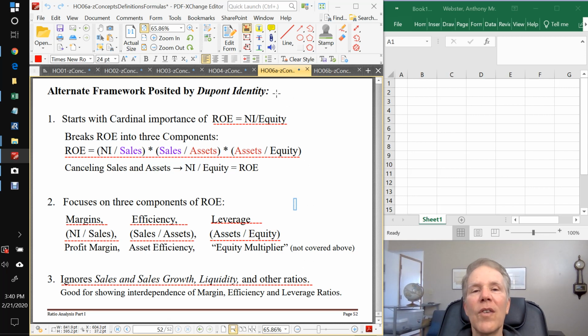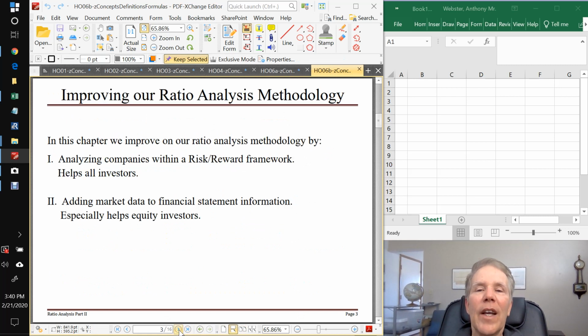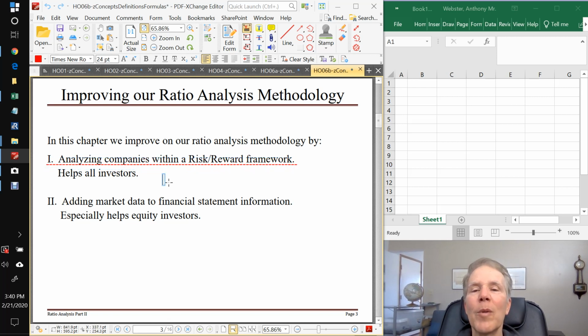All right, and that's it for 6A. Let's move on to 6B. And in 6B, we wanted to do two things. We wanted to improve what we had done in 6A in two ways. We wanted to introduce a sort of formal risk-reward framework for the first time.